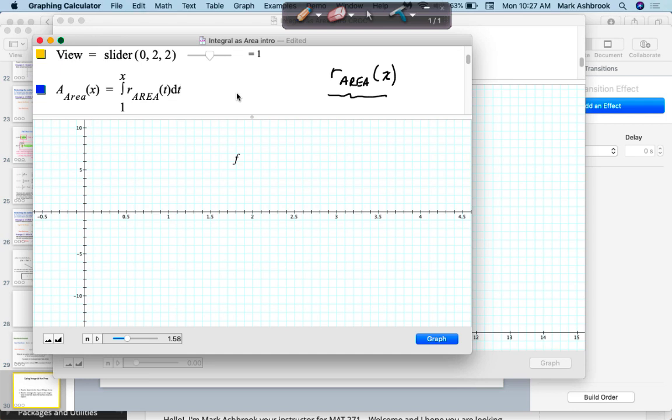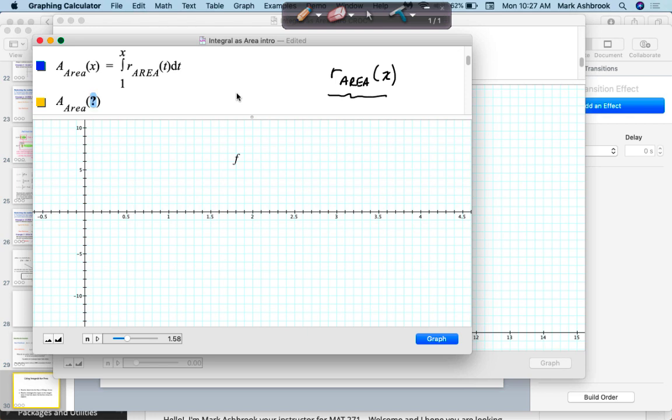for instance, if I wanted it at 2, it doesn't like something I've typed here, probably because of these subscripts. Oh, probably because this is defined in GC.